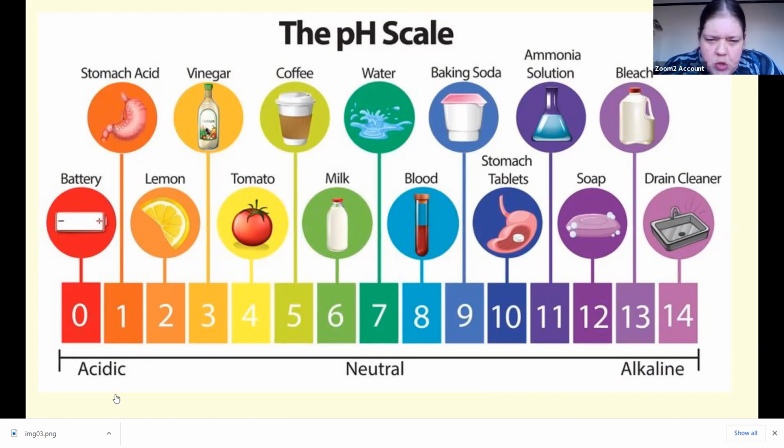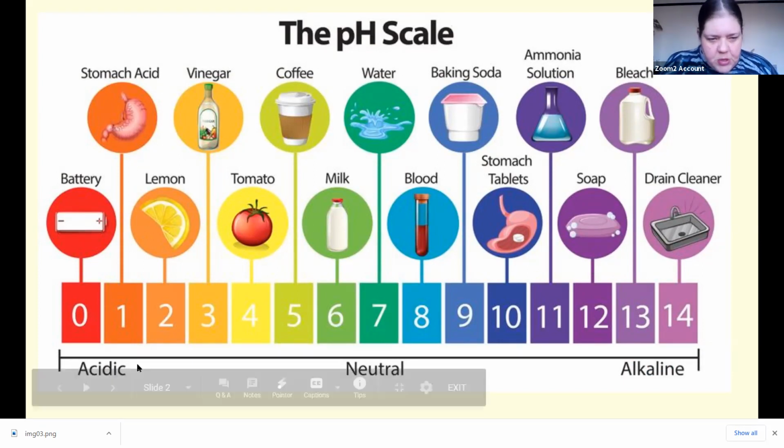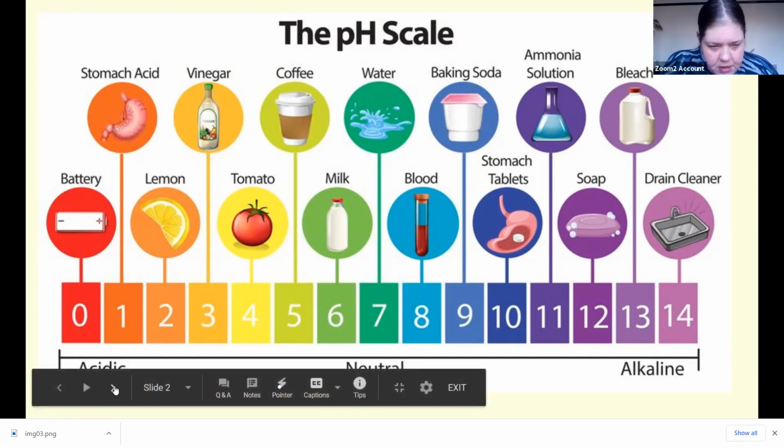So just to make sure, green should only ever be given as 7. And then the other colours you can sort of put greeny blue, green yellow, but don't put green for pH 6 because you wouldn't get a mark. So I just wanted to be nice and clear on that, and hopefully we're all happy with the idea. Acids that are strong are generally going to be red, and then alkalis are going to be like a dark purple. Okay, that is just me doing a quick recap on last week.